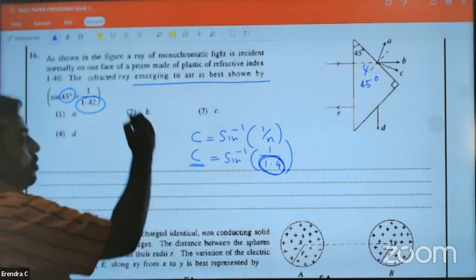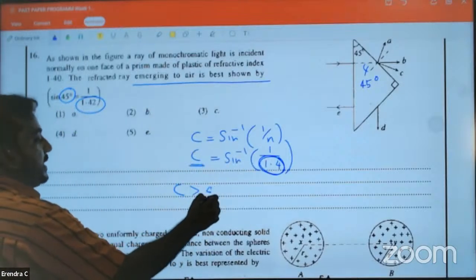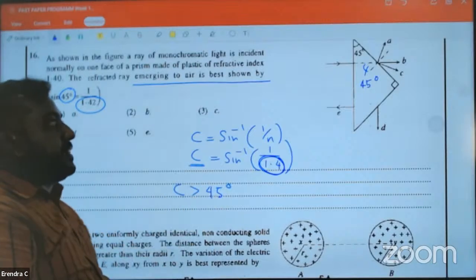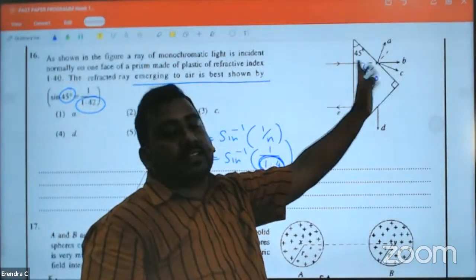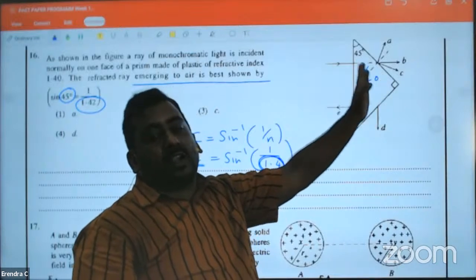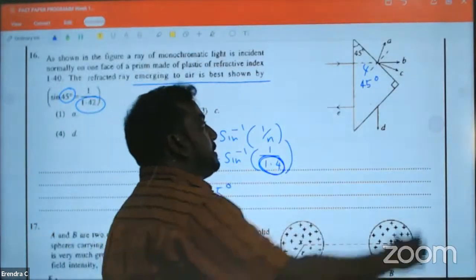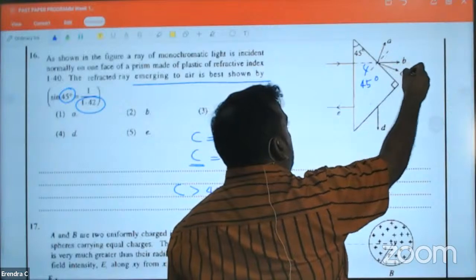Lesser means more. C is going to be greater than 45. That means total internal reflection does not take place here. Total internal reflection does not take place means light rays go from denser to rarer.